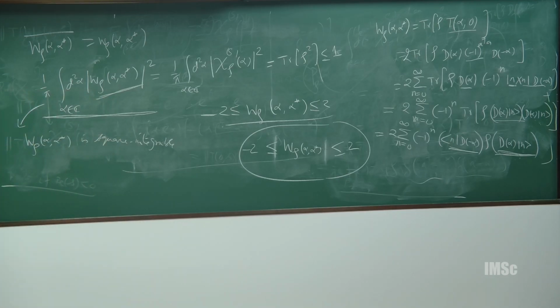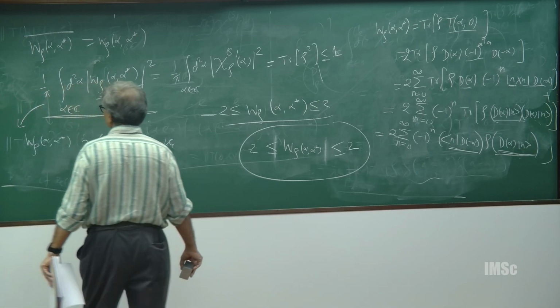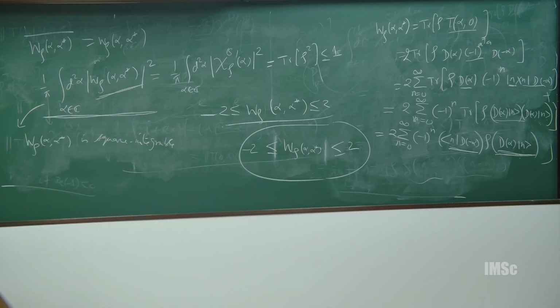So, unlike a classical probability distribution, a phase space probability distribution, Wigner function can be negative. Okay. So, you see that this is a peculiar thing. If you look at the phase space, at some region of phase space Wigner function can be negative, at some other region it has to be positive, so that this normalization is satisfied, otherwise it will not be there.